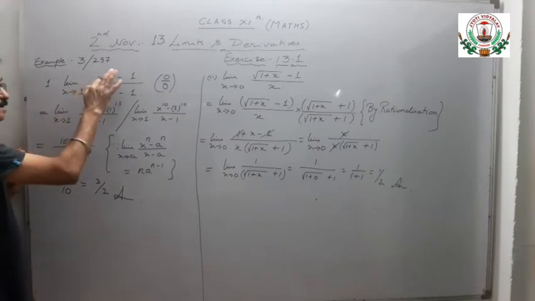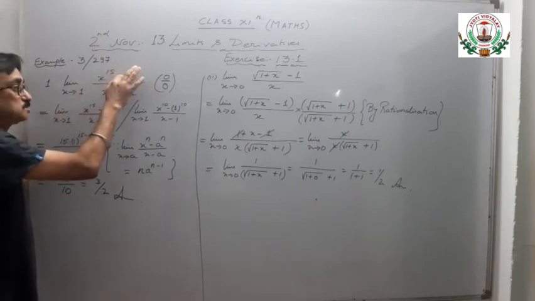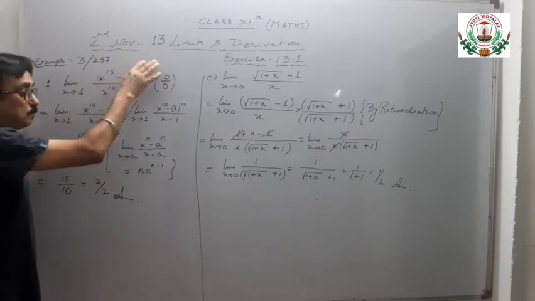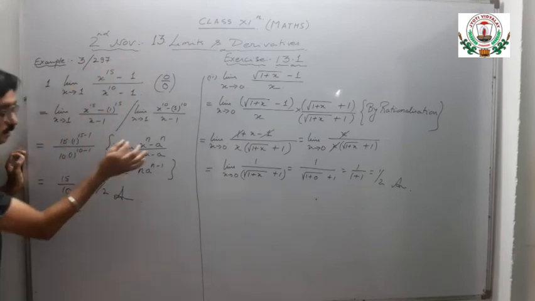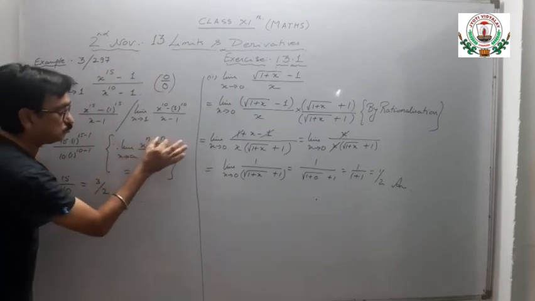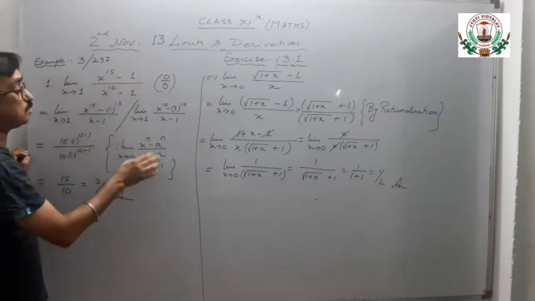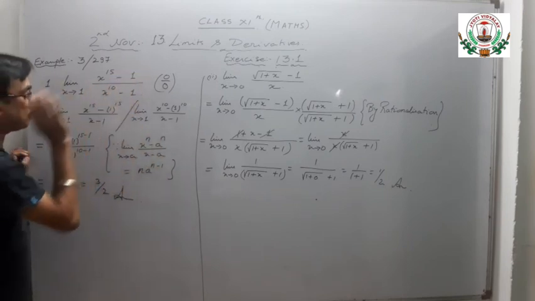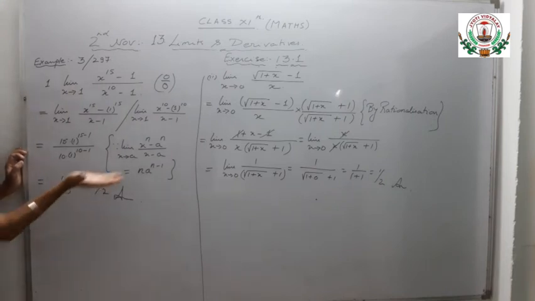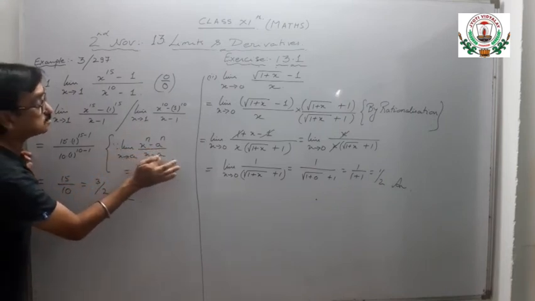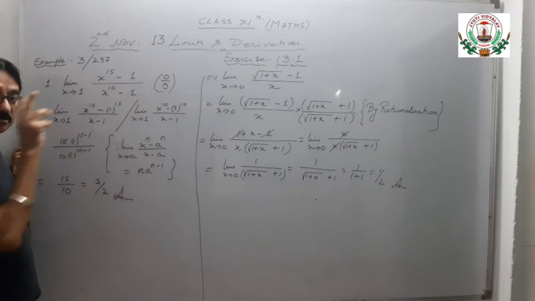So here it is x to the power 15 minus 1, 1 can be written as 1 to the power 15. So we will get x to the power 15 minus 1 to the power 15. So the value of a we are getting here is 1 and the value of n is 15. Only thing is that we are not getting the denominator as x minus a, here it is x minus 1.